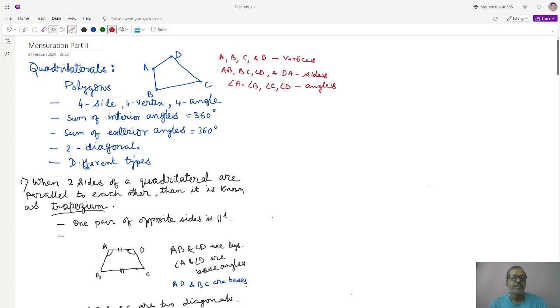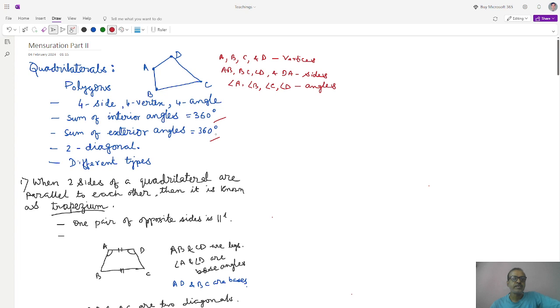The sum of interior angles is 360 degrees and the sum of exterior angles for a quadrilateral is also 360 degrees. These are the same.